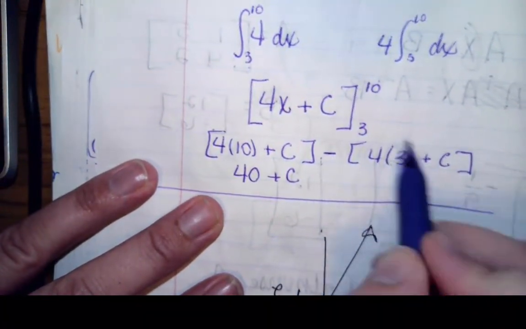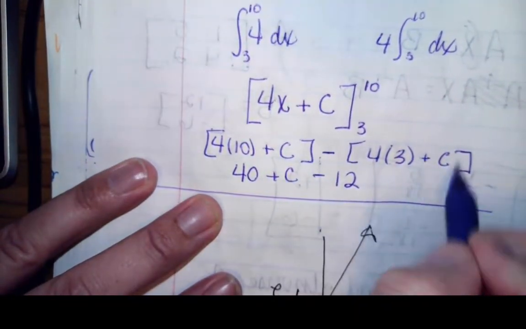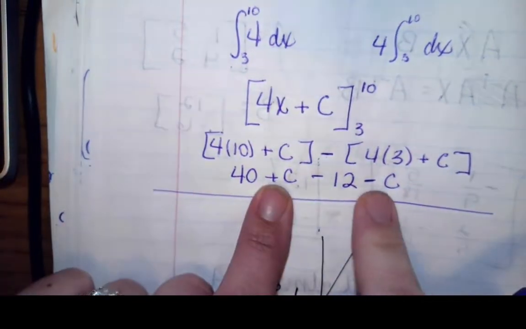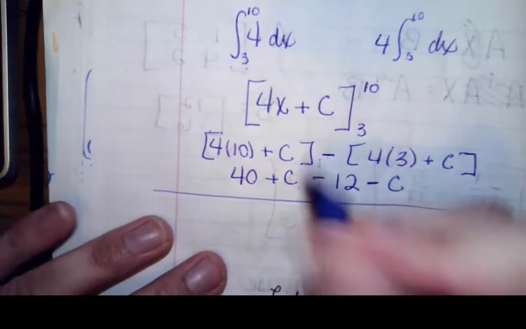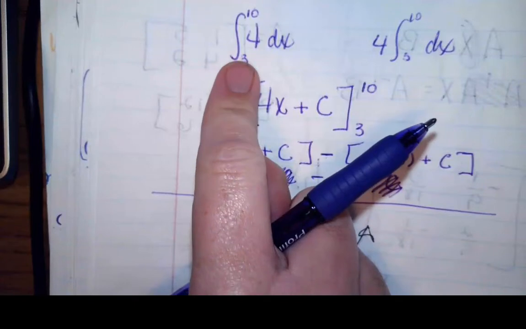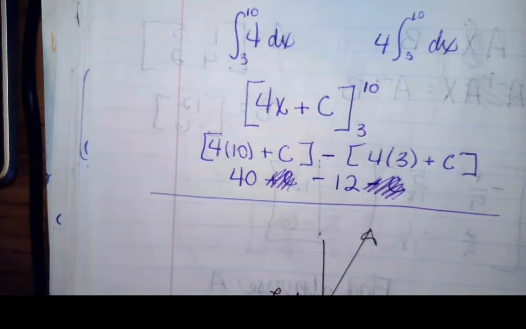So instead of a positive 12, I'm going to have a negative 12. Instead of a positive c, I'm going to have a negative c. So what happens to your c's? Your c's will disappear every time on a definite integral. They'll always reduce out. So being lazy math people, we're just not going to bother writing them from now on. Just remember that they're there, but they cancel out.